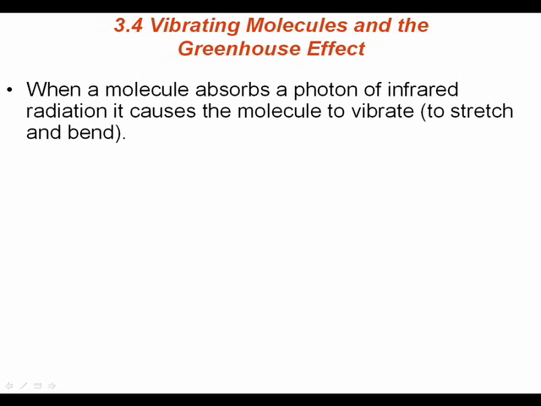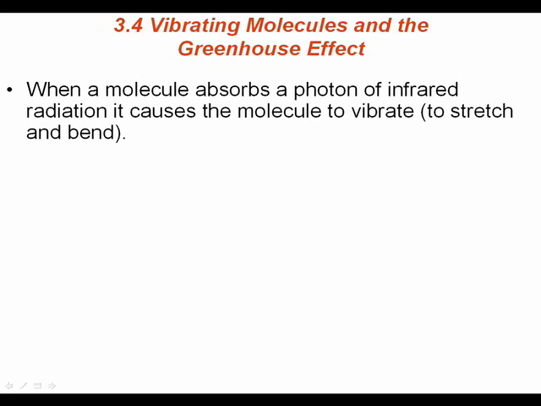Okay, so when a molecule absorbs a photon of infrared radiation, it causes the molecule to vibrate, stretch and bend. You can think of these as molecules on weights, or atoms on weights, and the bonds are springs. So when they absorb energy, the spring gets more energetic.